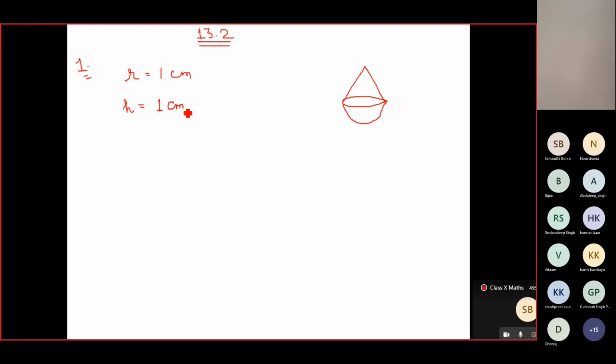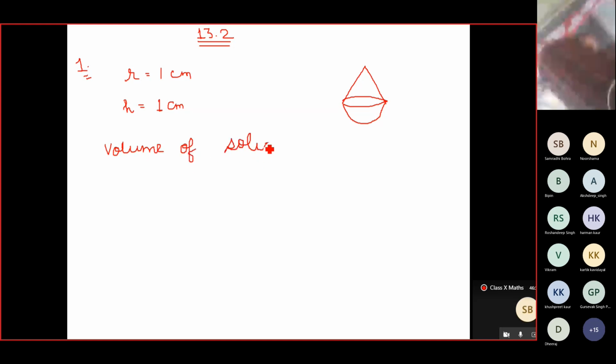So what is he asking for? He is asking for the volume of the solid in terms of pi. So volume of the solid will be what? Can anybody tell?